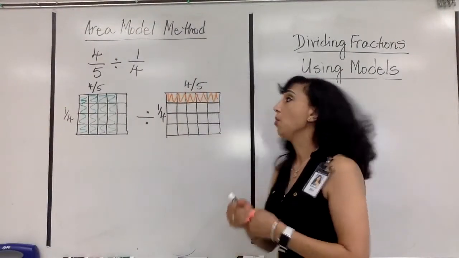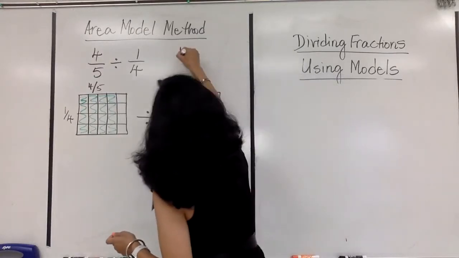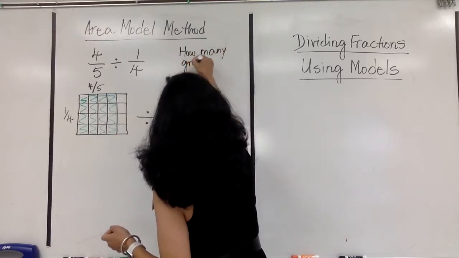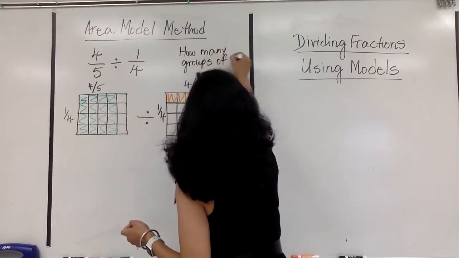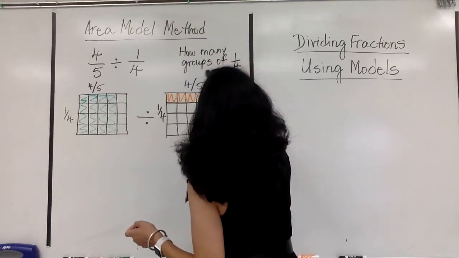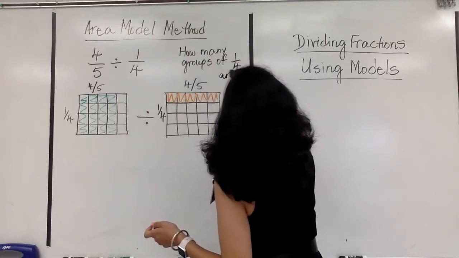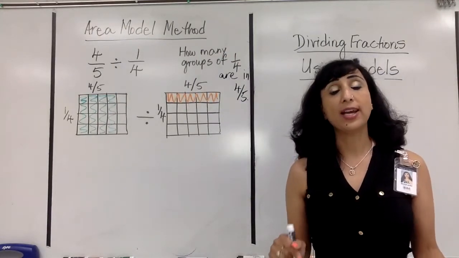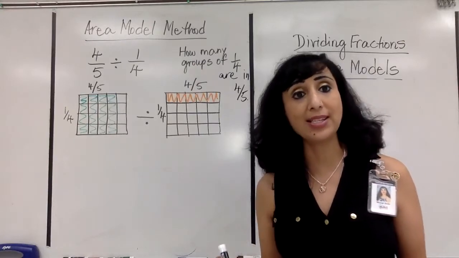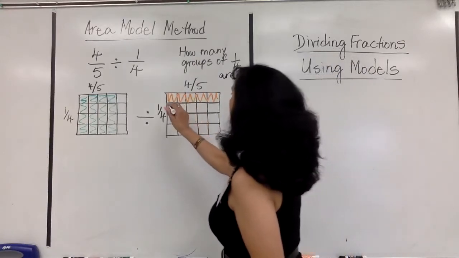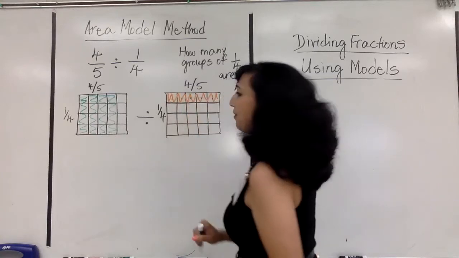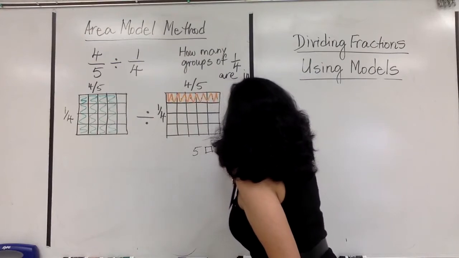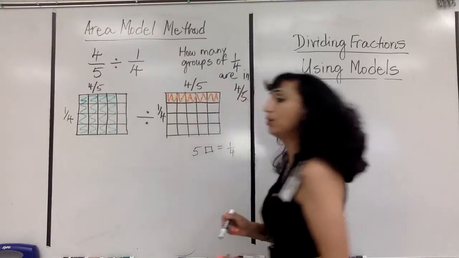Okay, so we are looking at how many groups of 1/4 are in 4/5. And 1/4 is comprised of how many little squares? It's comprised of 5 squares. Look, 1, 2, 3, 4, 5. So 5 little squares is equal to 1/4.